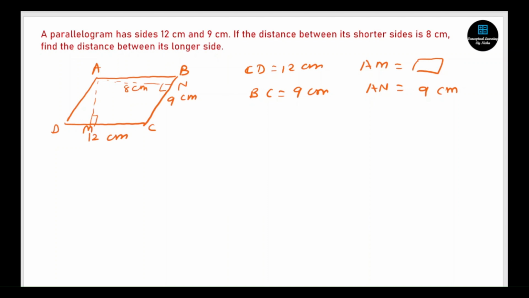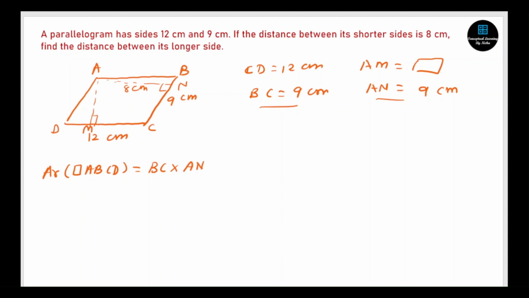Here is a common mistake: students just write the shorter side. They don't understand what the distance between the shorter sides means. Just understand that it is nothing but the height. Now, area of ABCD equals, since these two values are given, I'll take base BC and height AN.